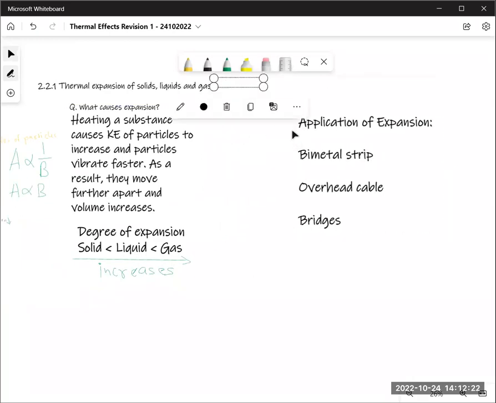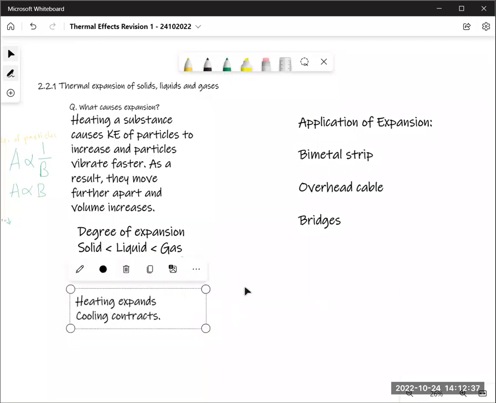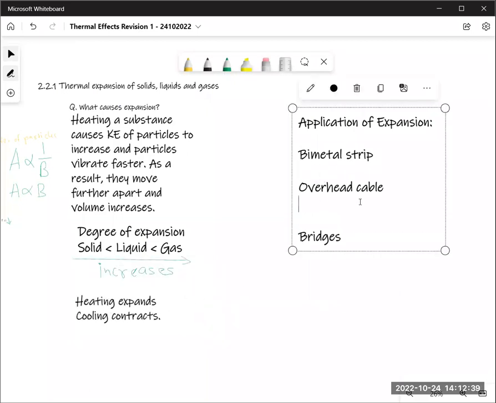First thing, write this down: heating expands, cooling contracts. So Anas, on a hot day, will the wires contract or expand? Expand. And on a cool day, will they expand or contract? Contract. So overhead cables must be slack.